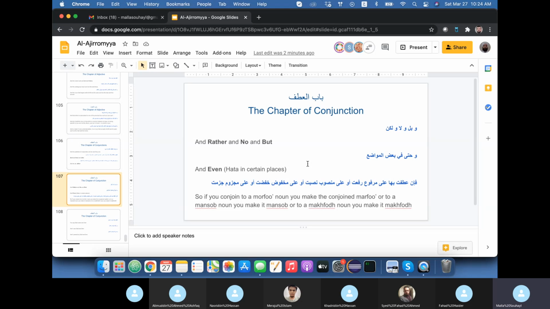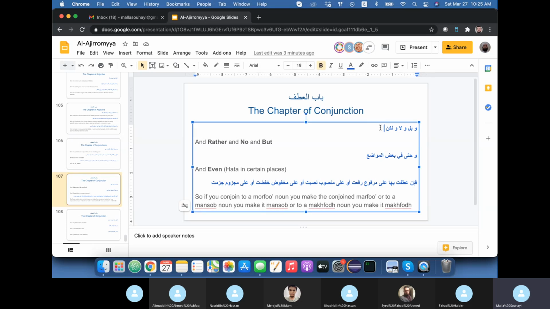Now this is a bit tricky because I'm not sure if "rather" maps to "bal" one to one, but basically whatever comes before bal, like I said, its ruling you give to what comes after it, and you remain indifferent. You remain silent about what comes before it.